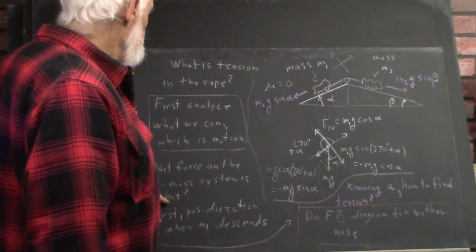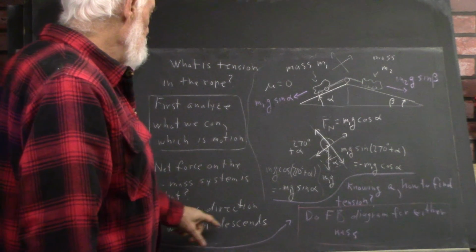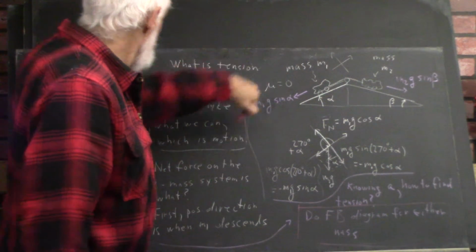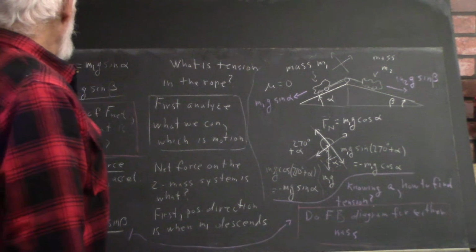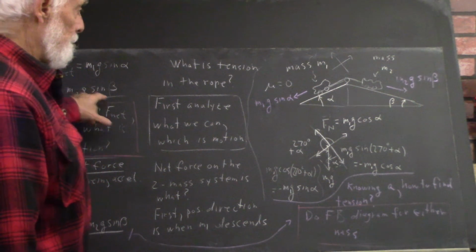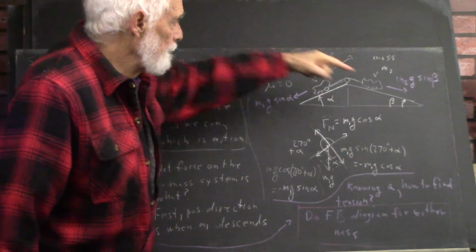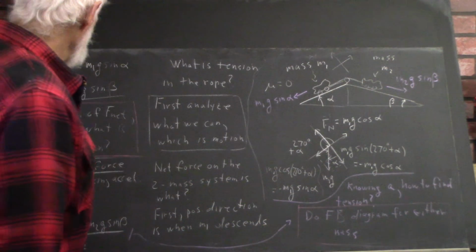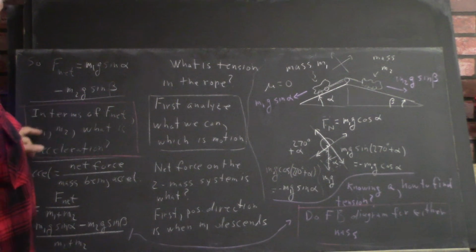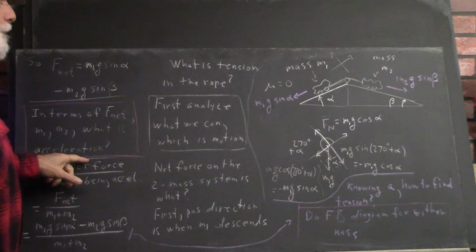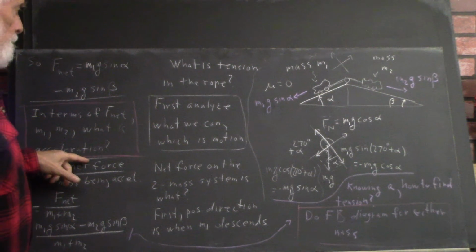If we take the positive direction to be the direction when m1 descends, then your net force is m1g sine alpha minus m2g sine beta. This force minus this force, if this is the positive direction. In terms of the net force, m1 and m2, what is the acceleration of the system?